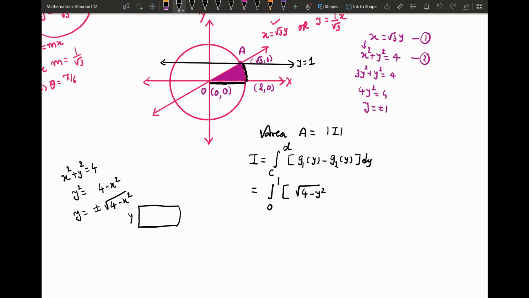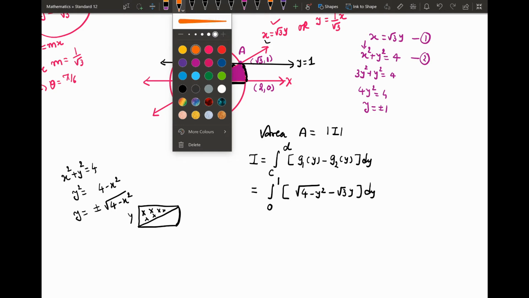This is the y-axis, and we subtract x equal to g2(y), that is from the equation of the line, x as a function of y, root 3y dy. You can observe when we take g1(y), we get the entire area, and when we subtract root 3y, we are subtracting this portion. So what remains is the required area.